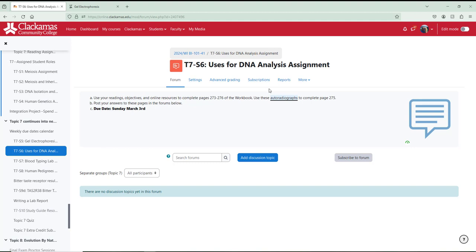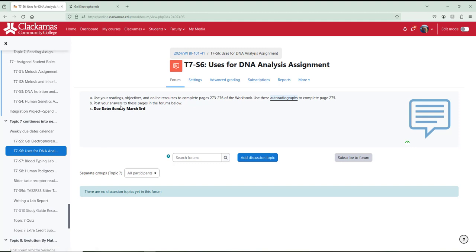Okay, so when we do introduce DNA evidence into a paternity case or into a forensic case, how accurate is it? Is this really strong evidence or is this weak evidence? So you'll be doing some calculations to determine the validity of the autoradiographs.